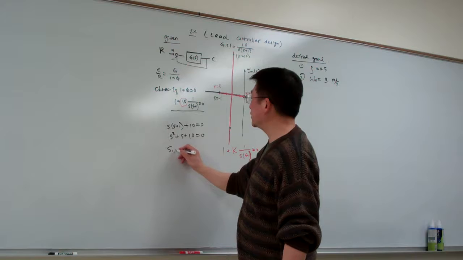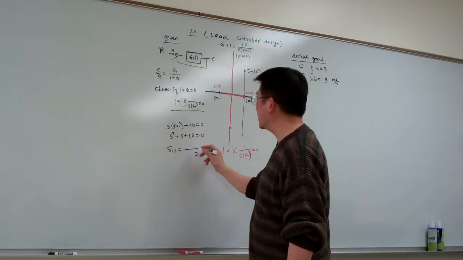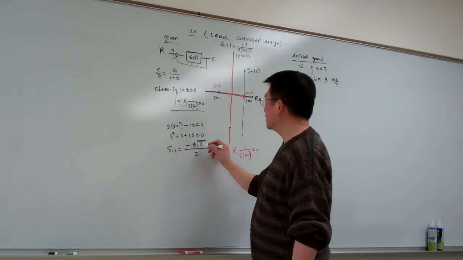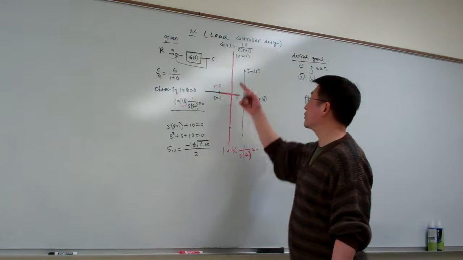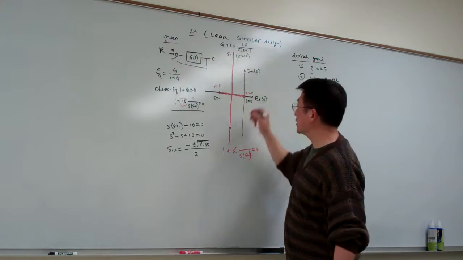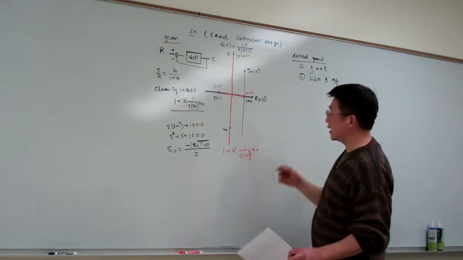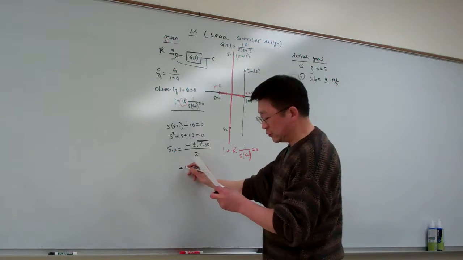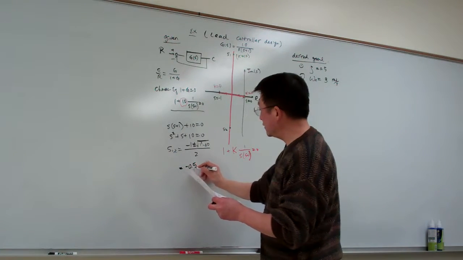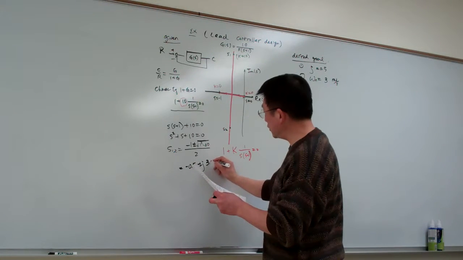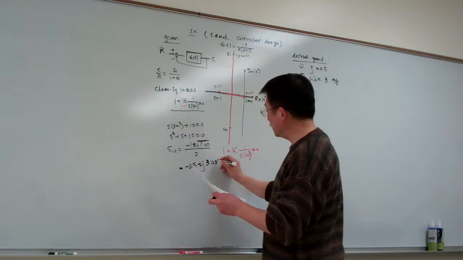So s1 and s2 will be equal to minus b plus or minus the square root of b squared minus 4ac, over 2a. So that is the location of s1 and s2. Okay? So from here you can see s1 and s2 are basically equal to minus 0.5 plus or minus j 3.1225.